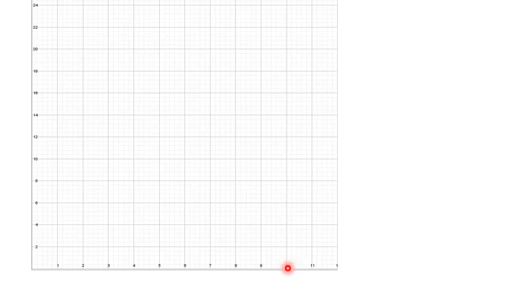So we plot the points (10, 0) on the x-axis, and the other point on the y-axis, which is (0, 10). We join them together to form the straight line. That is the line whose equation is x plus y is equal to 10.